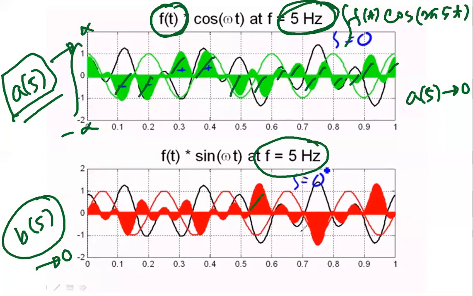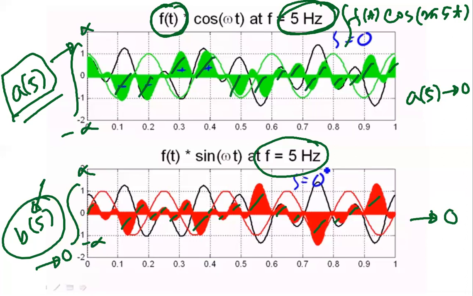You'll find that this part, they will cancel each other. So small segment and the large segment, they will cancel each other. So you'll find that the magnitude response for B5, that means 5 hertz sinusoidal signal, the summation from minus infinity to plus infinity gives you a very close to 0 value.